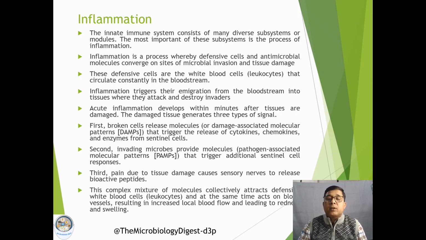Inflammation is a process whereby defensive cells and antimicrobial molecules converge on sites of microbial invasion or tissue damage. So it is the process where cells of the immune system, defensive cells, and antimicrobial molecules come to the site for destruction of the invaders.